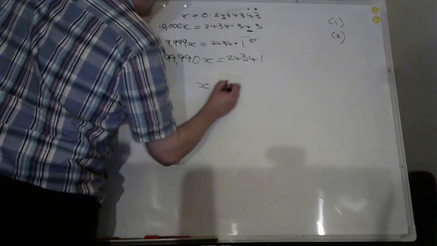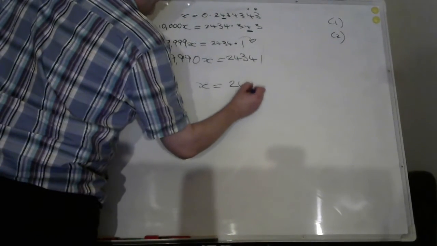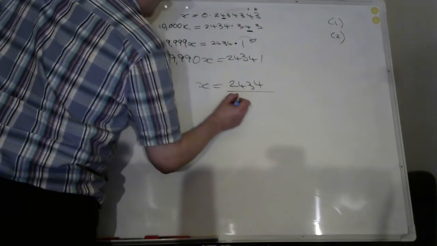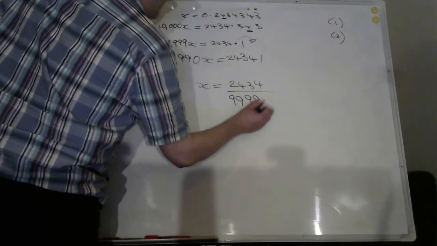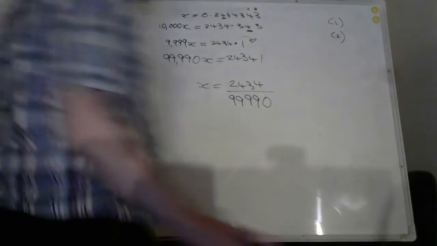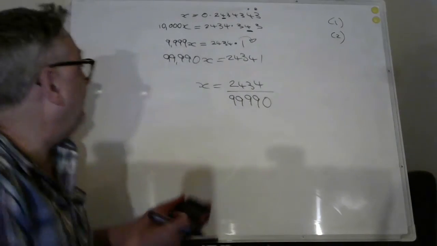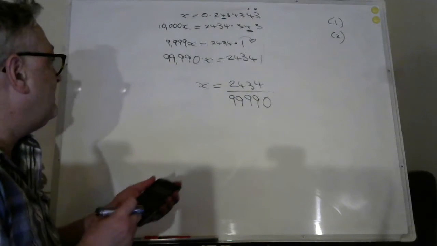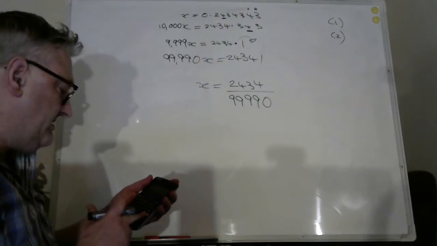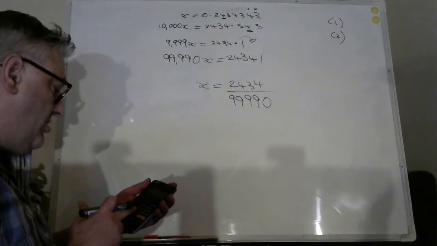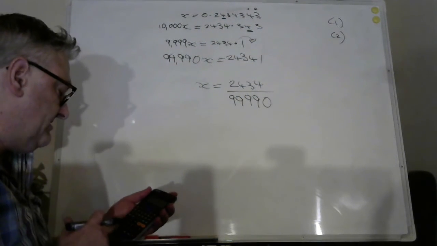So x equals 2434 divided by 99,990. Let us try on our trusty calculator what we get. So 2434 divided by 99,990.